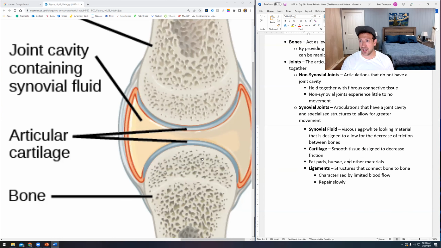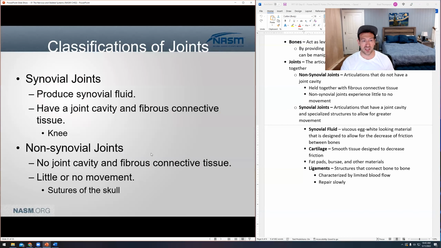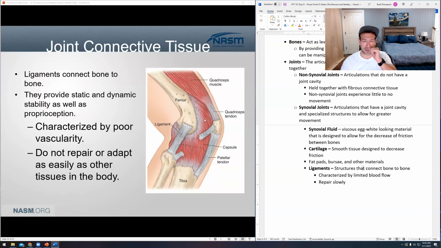Also within your synovial joints, you are going to see a big connective tissue known as a ligament. And ligaments are structures that connect your bones to other bones, okay? So like your femur being connected to your fibula here, that's a ligament. So ligaments connect bones to other bones. Your ACL, that's your anterior cruciate ligament.